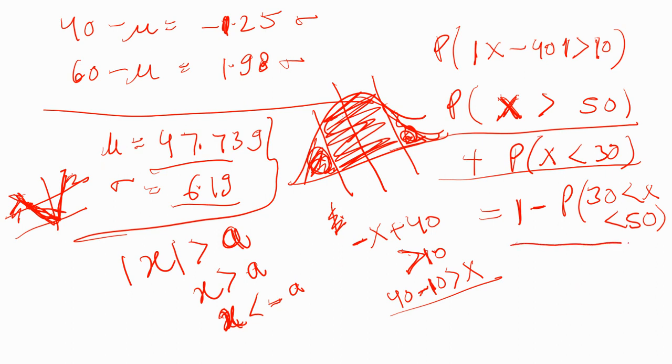So you have 1 minus the probability that x is in between 30 to 50.